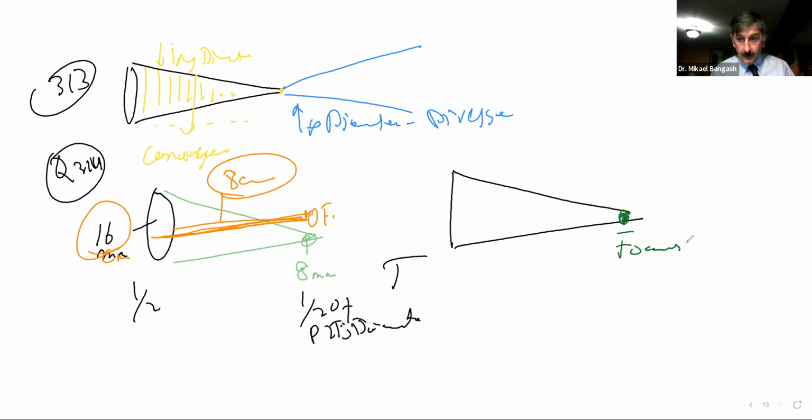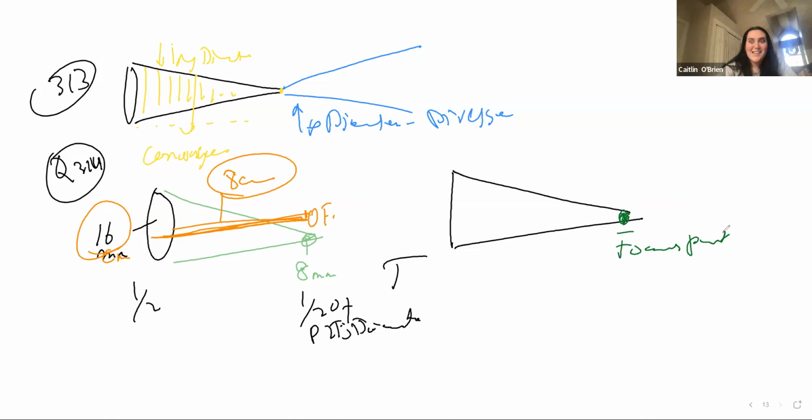Good. But there's one word that, if you miss it, you may choose the wrong answer, and that is "at." Because what it says is, if the narrowest diameter of a sound beam is at a depth of 8 centimeters.